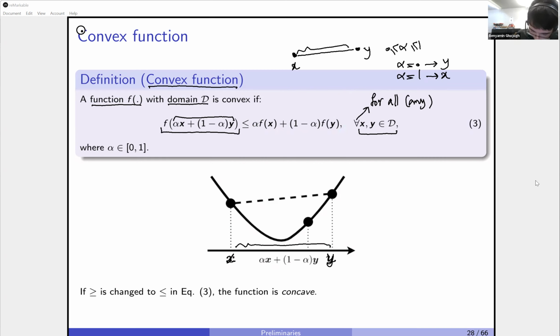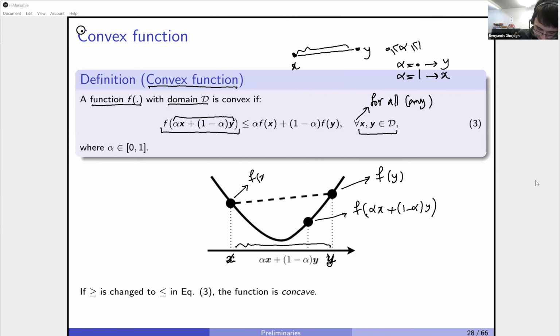And what this means, again, left-hand side means that a point here, for example this point, you feed it to the function, you will get this. So this is f of alpha x plus 1 minus alpha y. What is this? This is f of y, right? This is y. What is this? This is x.